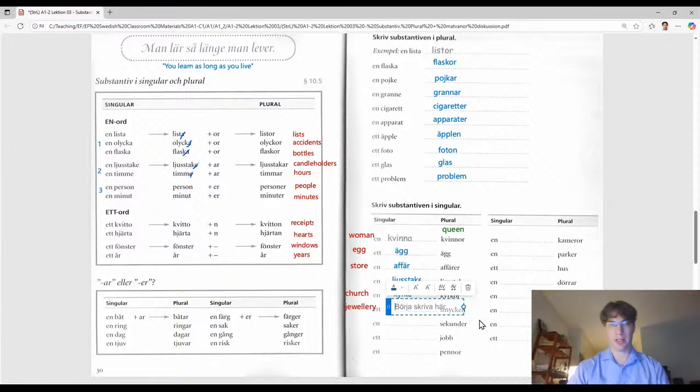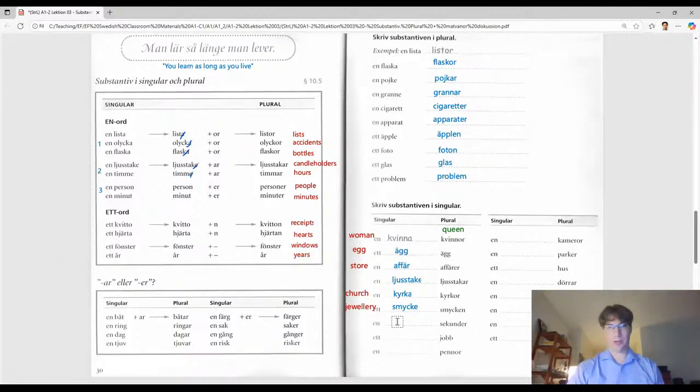It's actually ett smycke in singular. I think this one is a bit of a special case. There are other variations that are similar to this, but it's ett smycke in singular. Yeah, it's an ett word, right? So the added n is taken away.